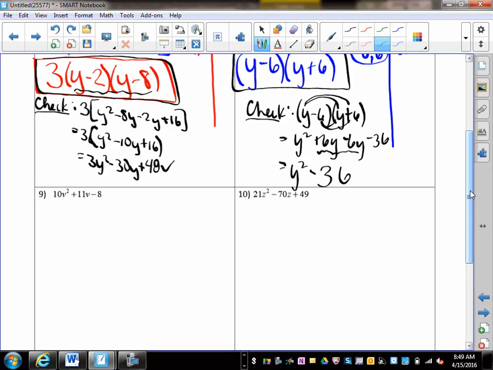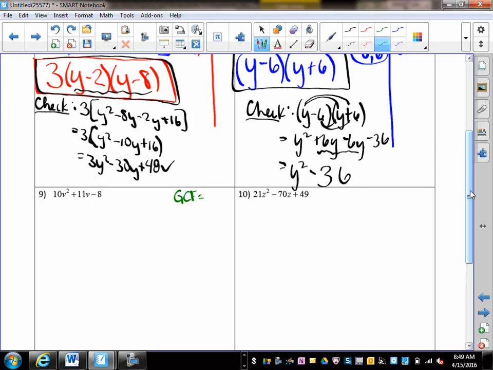Is it in standard form? Yeah. What's our GCF? Try your smallest number. Does 8 go into 10?